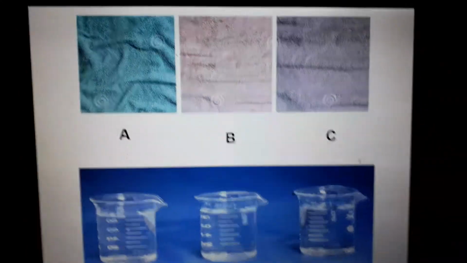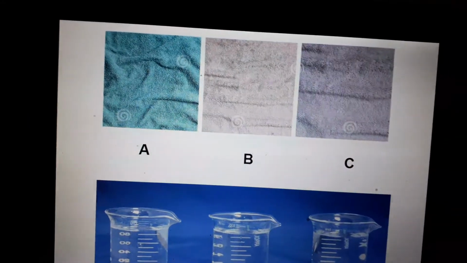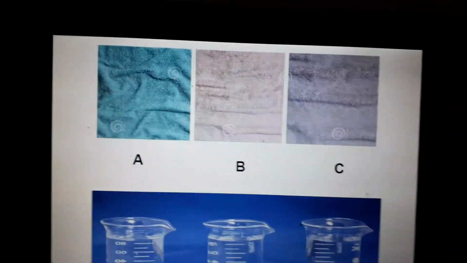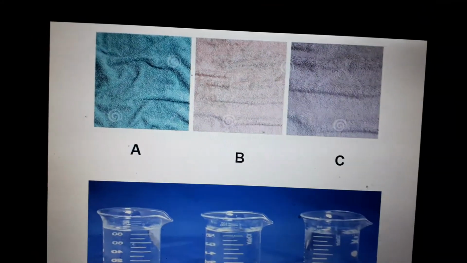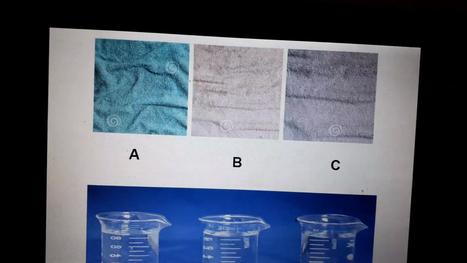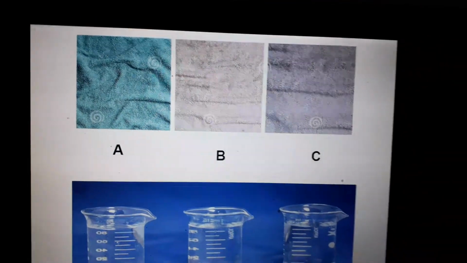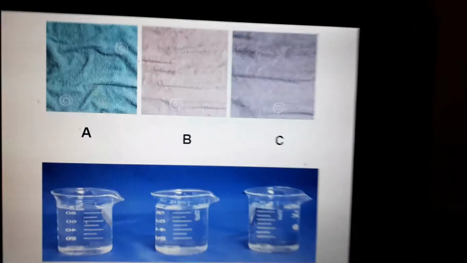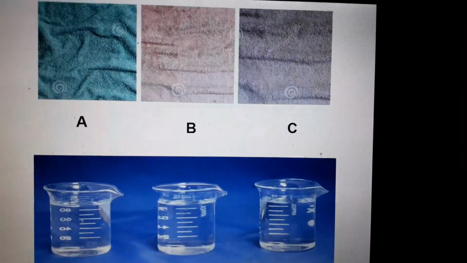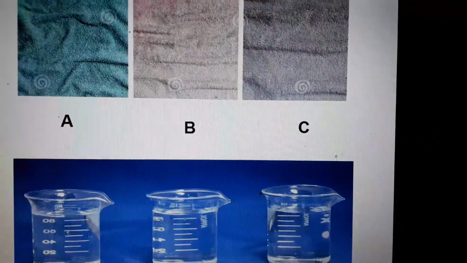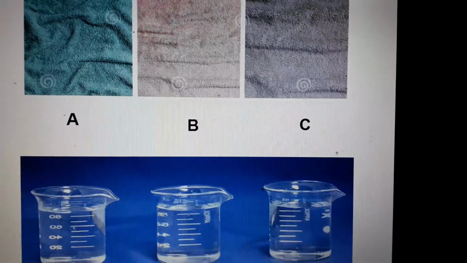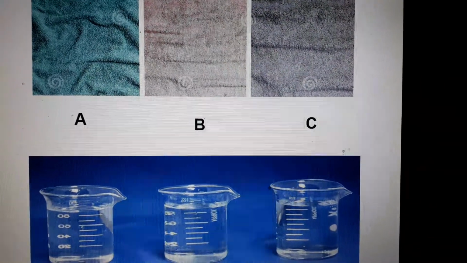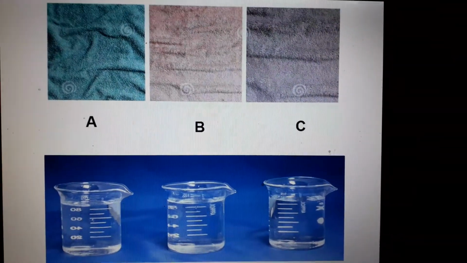So the beaker which has more water is the one whose towel does not soak better. Are you understanding? 3 towels were dipped into 3 beakers for 10 seconds. After 10 seconds, the towels were removed and the water was allowed to drain back into the beakers.